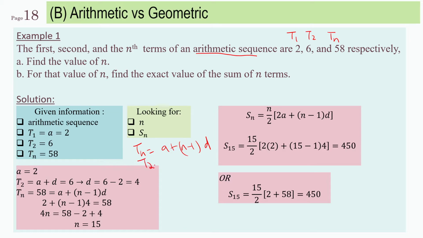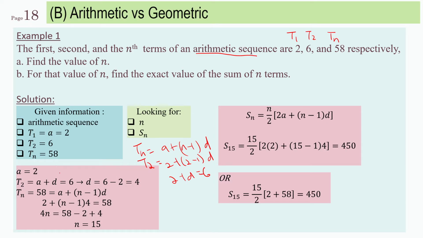So if you need T2, my A I already know is 2, so 2 plus (2 minus 1)D. So it's 2 plus D equals 6. The 6 is provided as information from the question. So my D is 6 minus 2 equals 4.